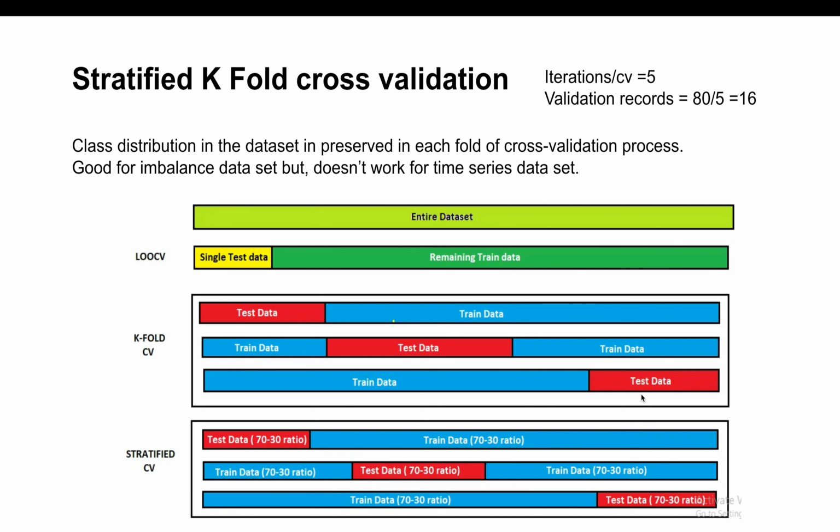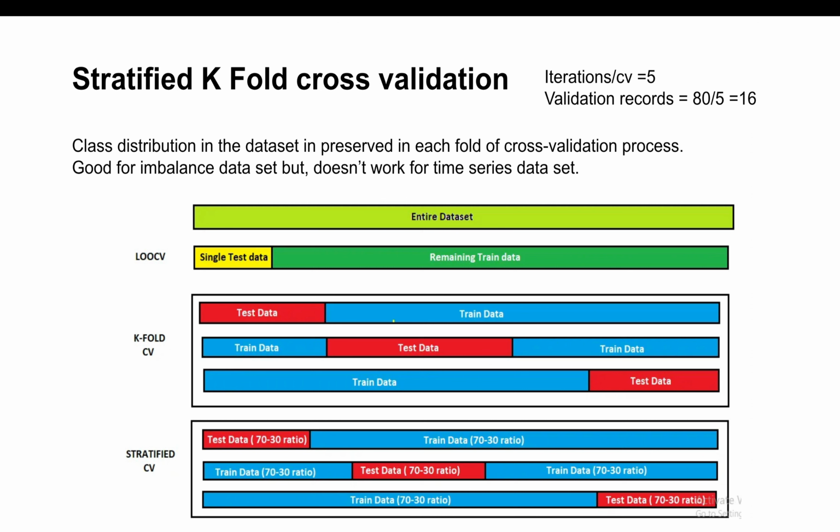And when you talk about stratified KFold Cross Validation, let's say your data set has 2 classes of data within it, class A data and class B data.